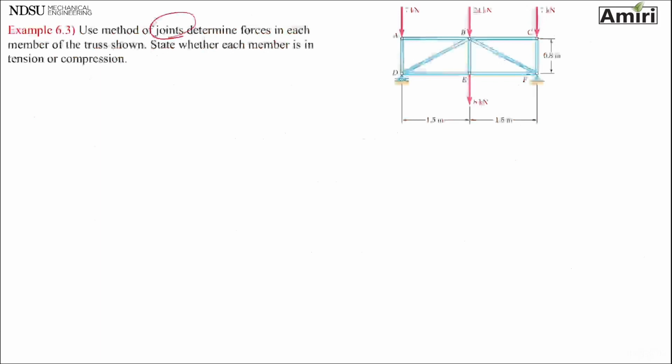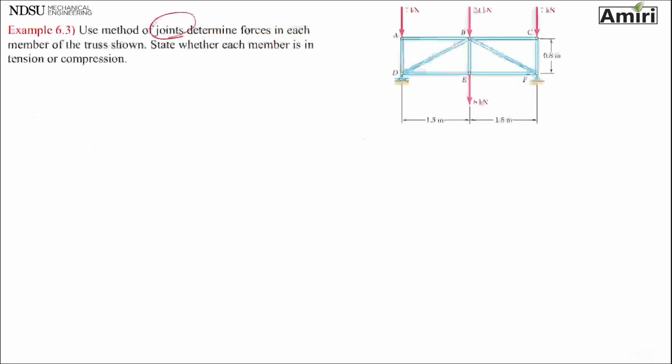By looking at this truss, do you think it's a symmetrical truss, meaning force in AB is the same as force in BC? Because everything looks symmetrical. 7 on that one side, 7 on the other side, 24 in the middle, 8 in the middle. Each side has 1.5.